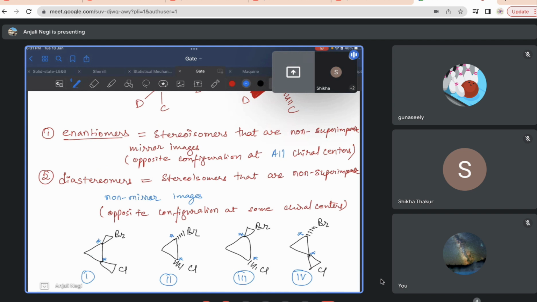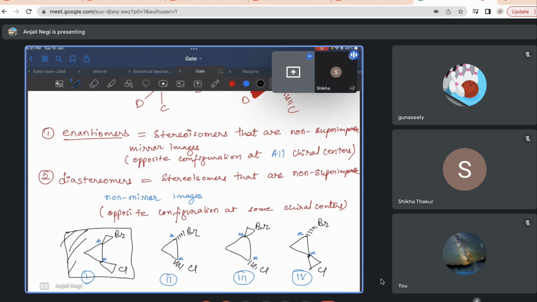Okay, so if I try to pair the first one and the second one, just imagine that you place a mirror here and this mirror will reflect the molecule such that this bromine, which is right now above the plane, will be below, correct?